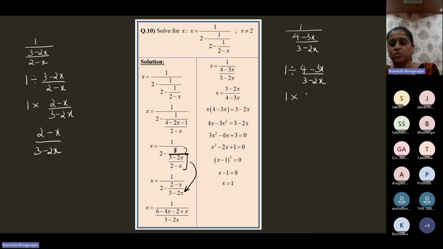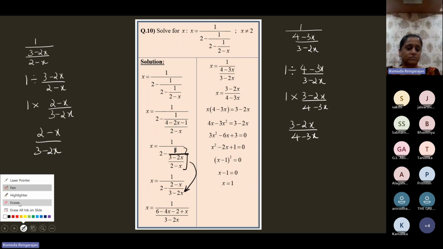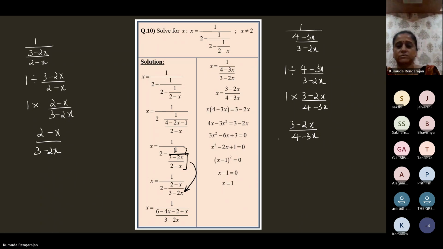So it's 1 into (3 - 2x) by (4 - 3x). So 1 into anything is the same thing. So (3 - 2x) by (4 - 3x). That's what you see here.